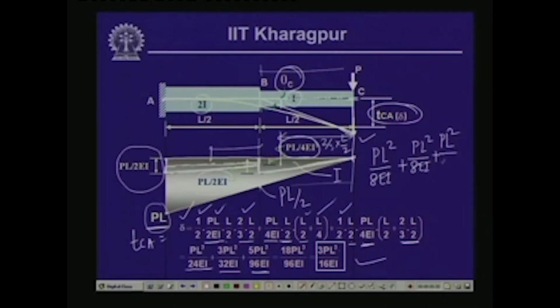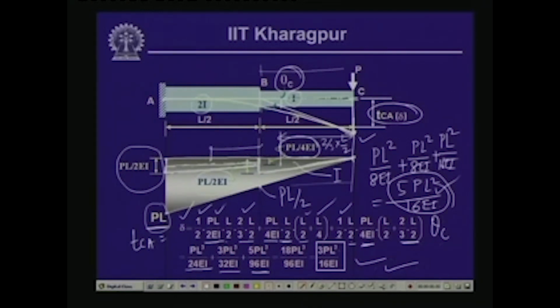So, these are the 3 areas. If we sum them up, we have 5 PL square by 16 EI. So, this is the value of theta at C. So, theta C is equal to 5 PL square by 16 EI, and the value of delta is equal to 3 PL cube by 16 EI.